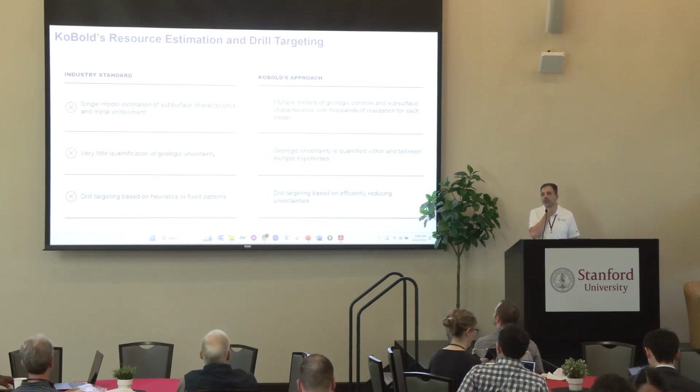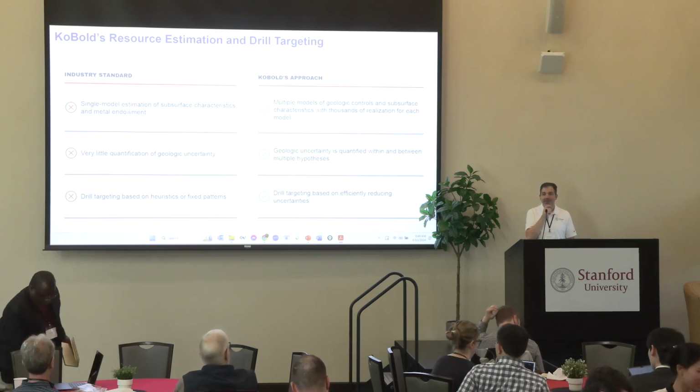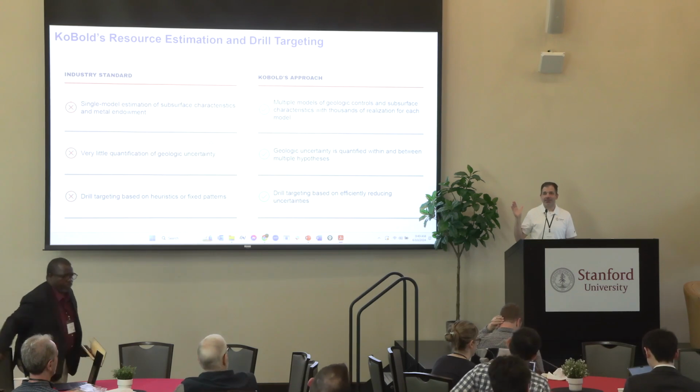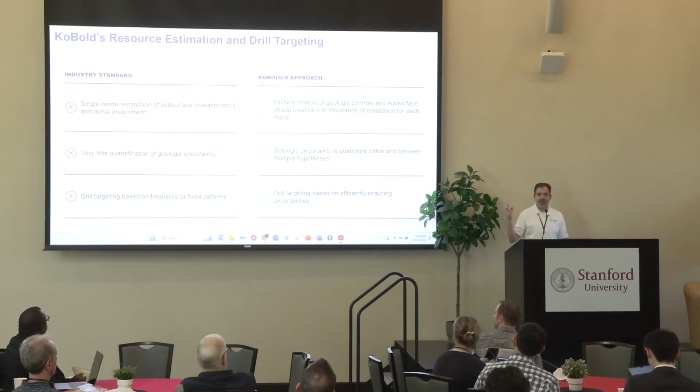So how does KoBold approach these kinds of problems? Typical in industry is to build one model of your geology, and then, of course, human psychology quickly takes over, and you anchor on that for the rest of the lifetime of the project, and you start thinking that that's the representation of the actual subsurface, when in fact it's just a model, which is really just a collection of hypotheses that maybe haven't even really been validated all that thoroughly.